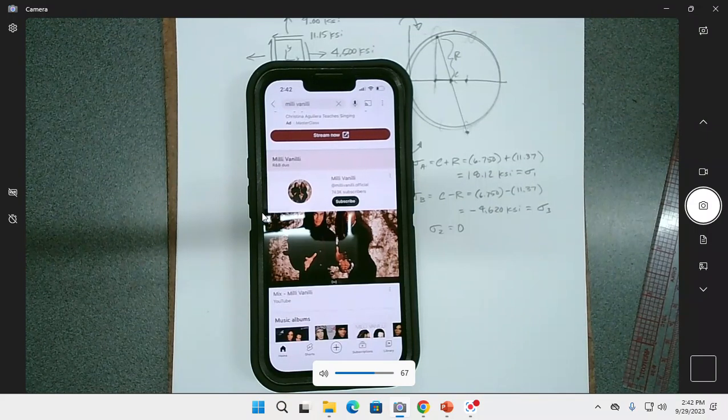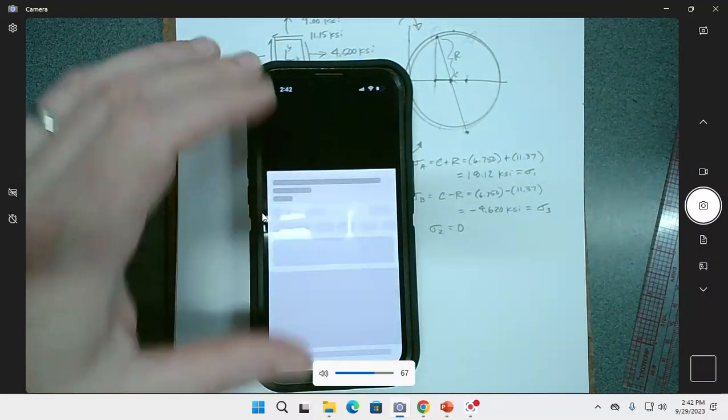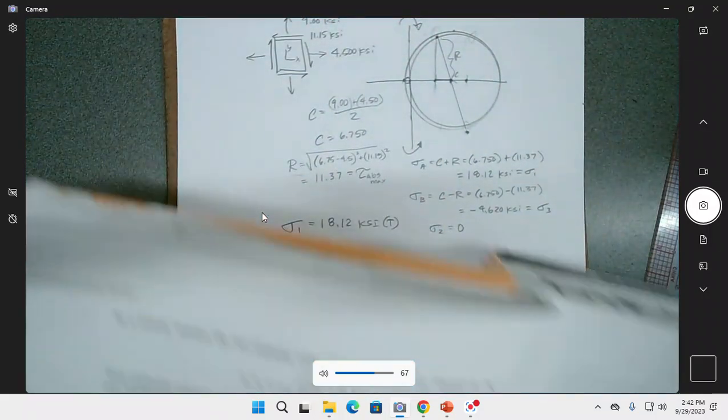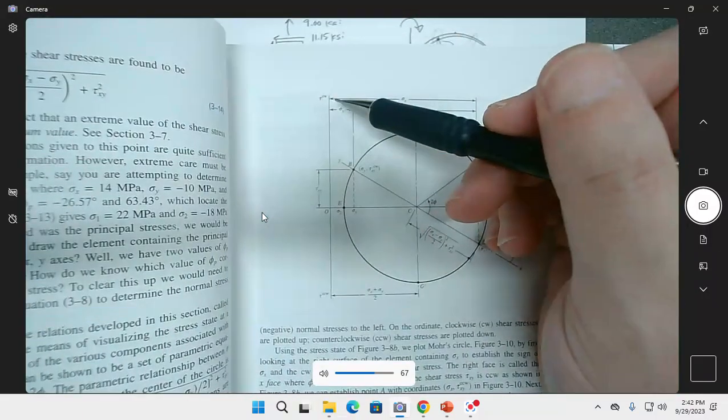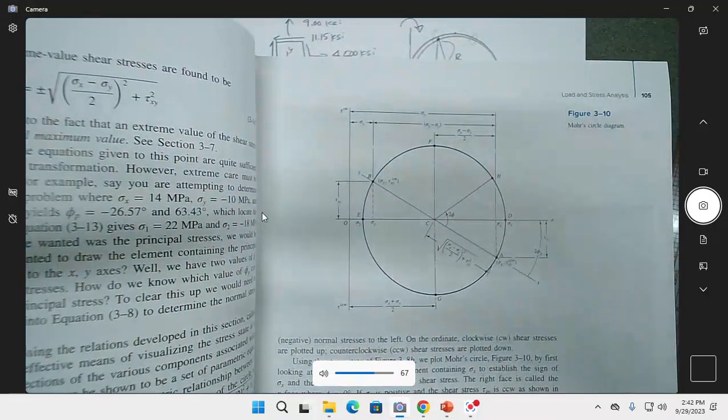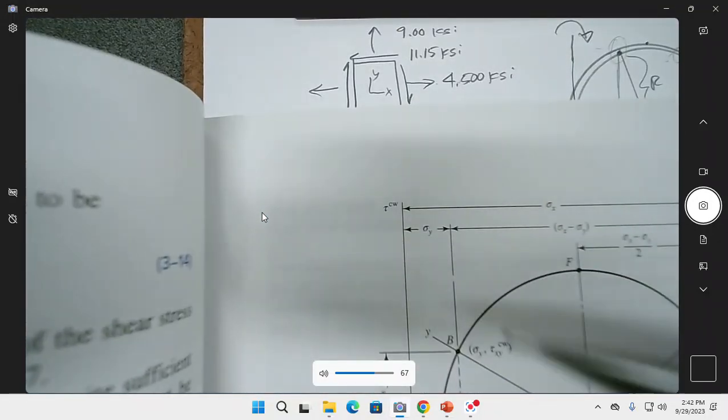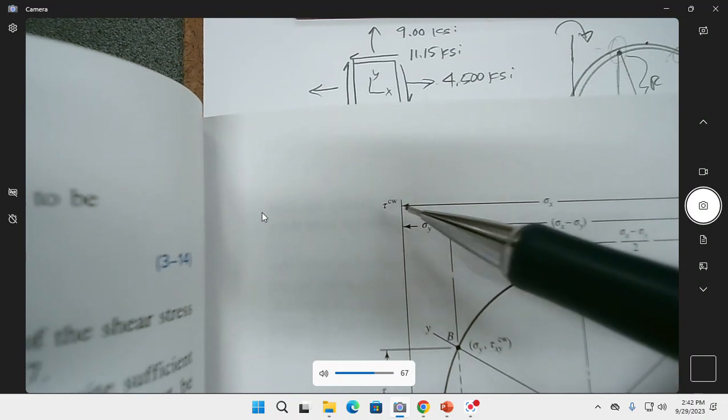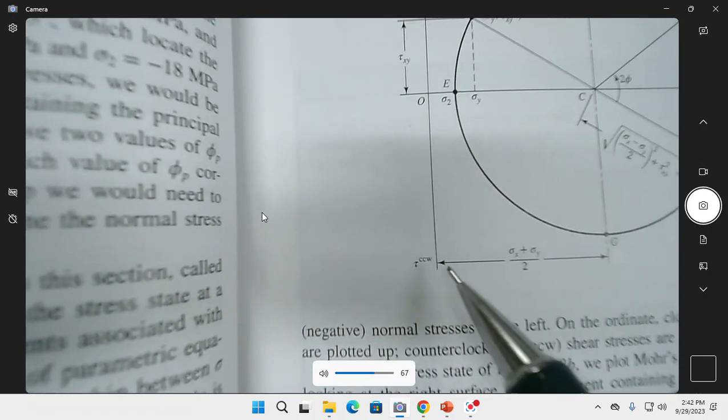It's a very silly man. There you go. Right here, it says clockwise. You can barely read it. Where it says clockwise, and then it says counterclockwise.